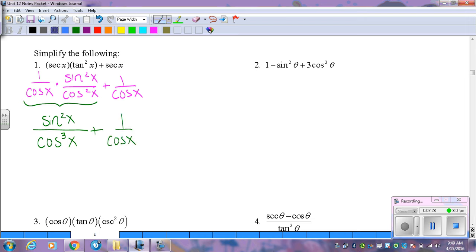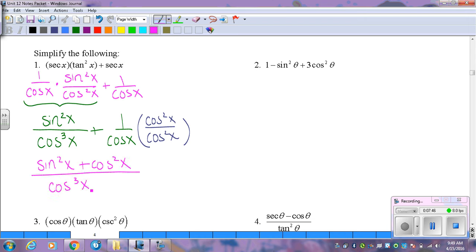Okay, in order for me to add those together, I need a common denominator, so we're going to multiply this one over here by cosine squared over cosine squared. So now in the numerator I have sine squared x plus cosine squared x over the common denominator of cosine cubed x. Now remember we talked about the Pythagorean identity just now?